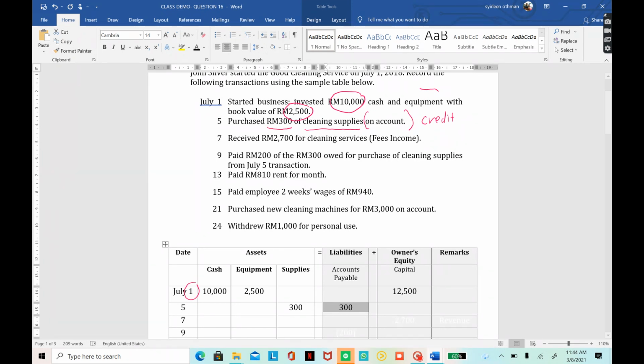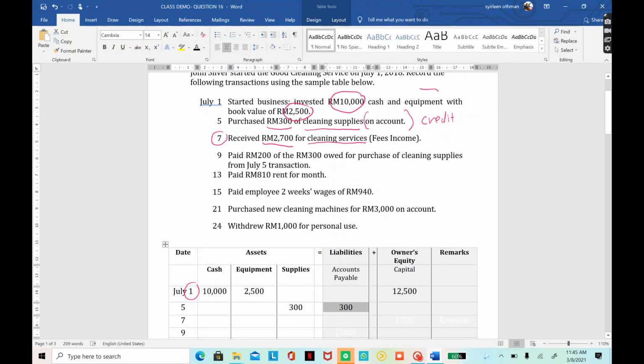Next, on the 7th of July, he received 2,700 ringgit. Why did he receive the money? He received the money for cleaning services. That means these are services rendered. He has already done the services and he is being paid for it. So at this point he can recognize the revenue.